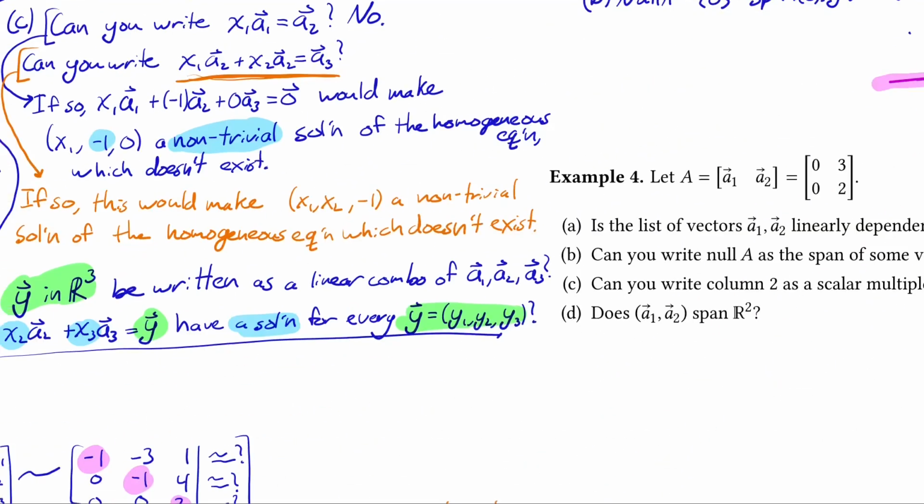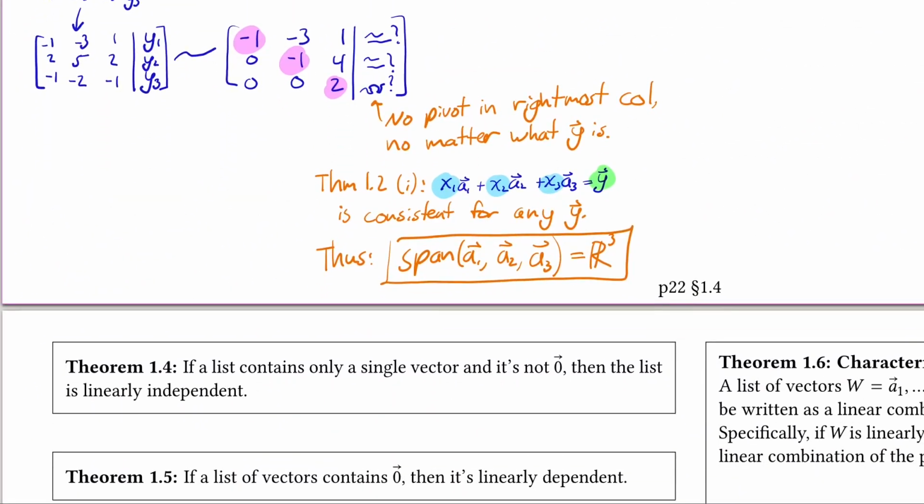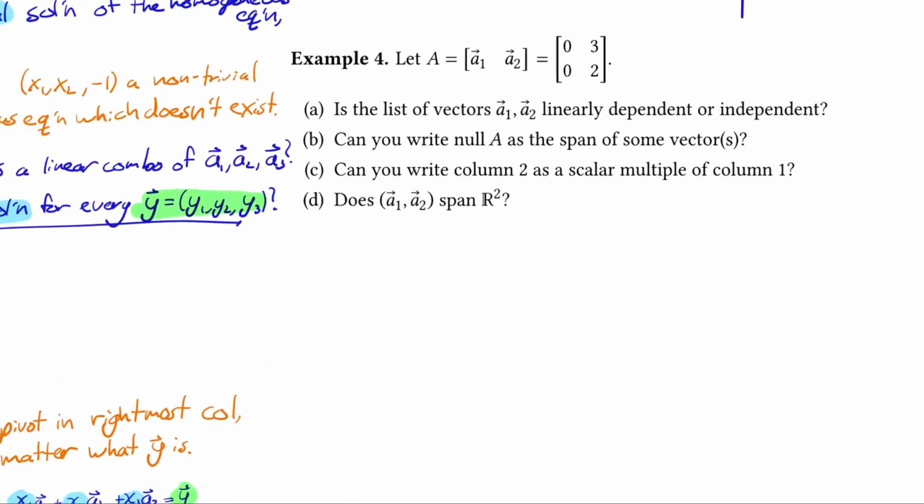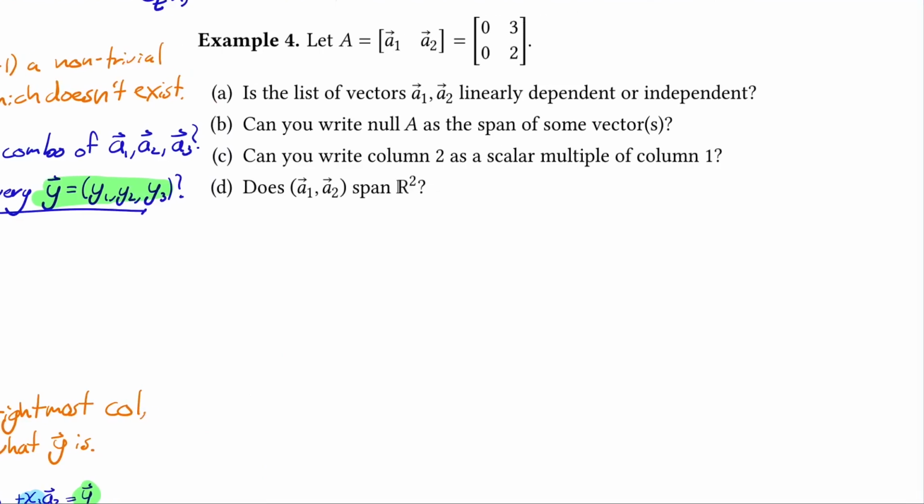So that sort of shows why theorem 1.4 is true. If a list contains only a single vector, and that vector is not the 0 vector, then that list is linearly independent. All right, let's look at example 4.